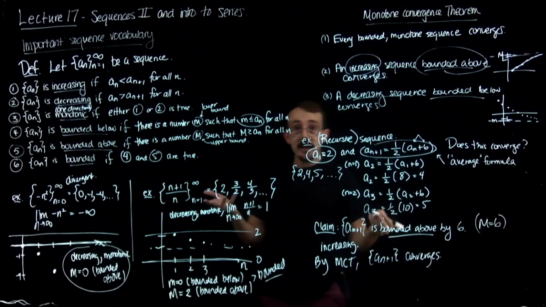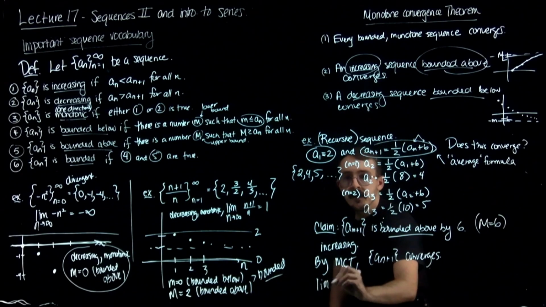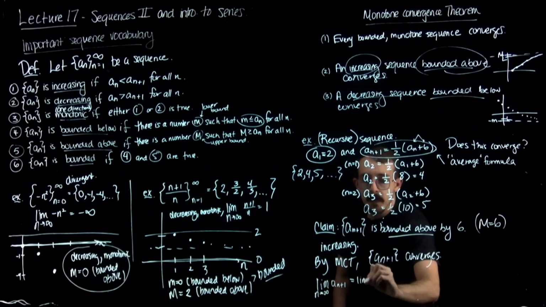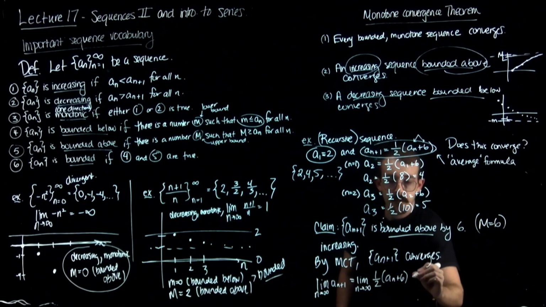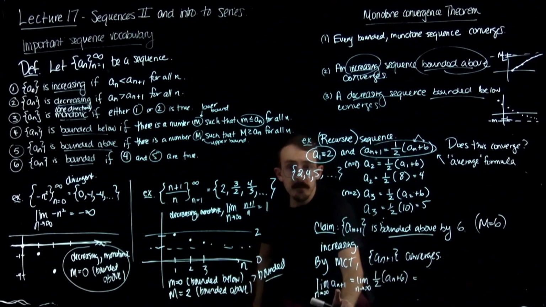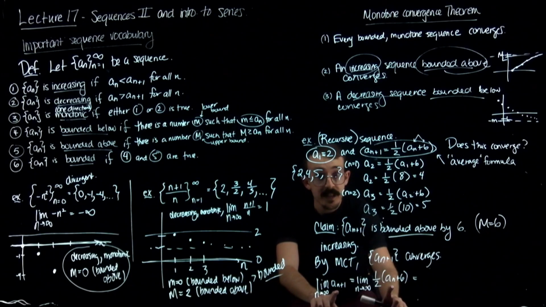Let's go ahead and figure out what it converges to. So let's take the limit as n goes to infinity of a sub n plus 1, which is equal to the limit as n goes to infinity of the formula, 1/2 (a sub n plus 6). If n goes to infinity, n plus 1 and n are both going to go to infinity, so these are both going to go to the same limit.